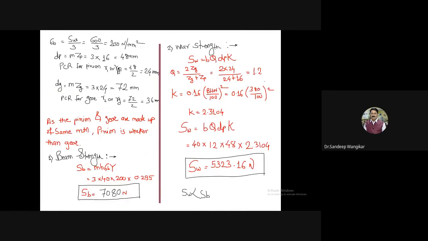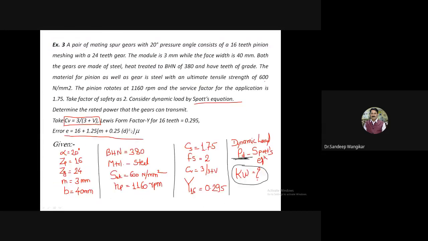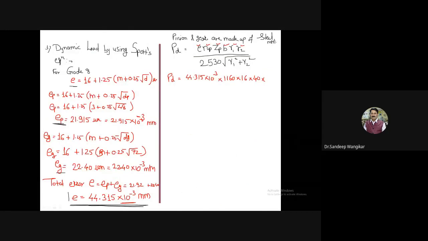We have already calculated the values as 24 and, it is not 32, it is 36. So these are the pitch circle radius values, and now here divided by 2530 under root of R1 square plus R2 square. So I will write down here 24 square plus 36 square.